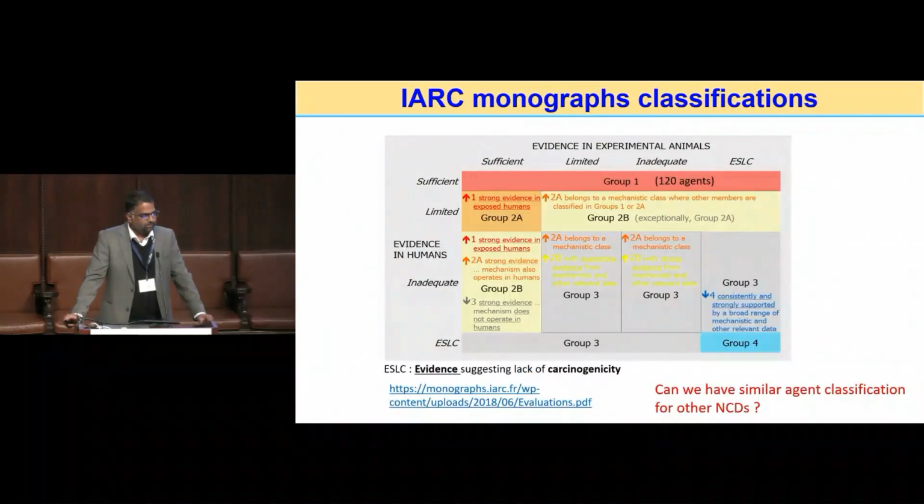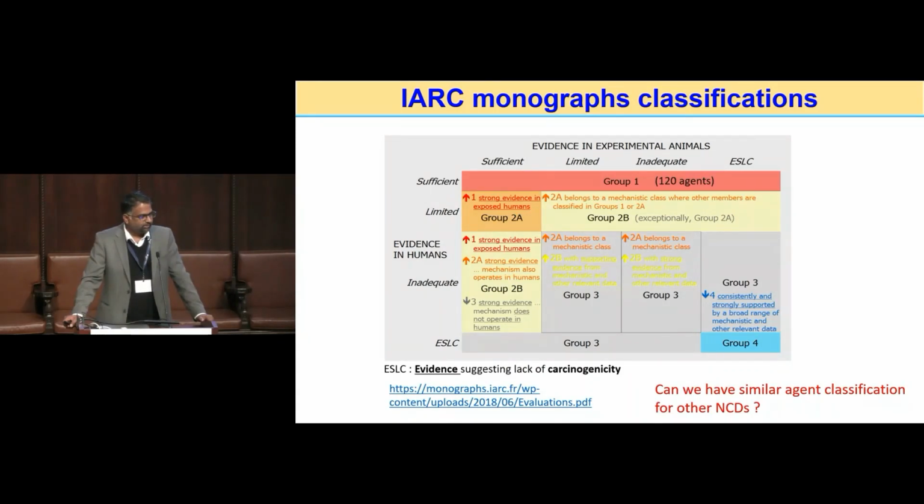When the IARC monograph classifies whether a particular agent is carcinogenic or not, they use a classification scheme based on the availability of evidence in primary literature and other relevant toxicological databases.